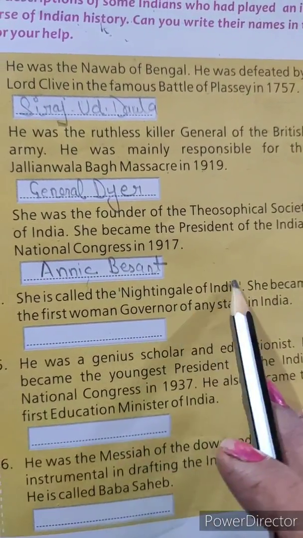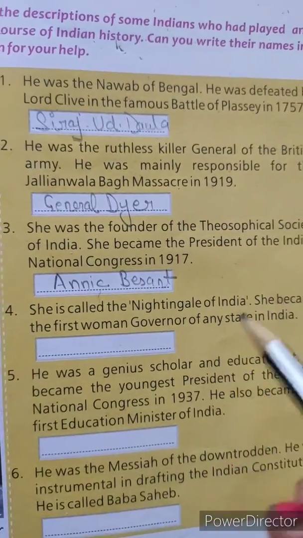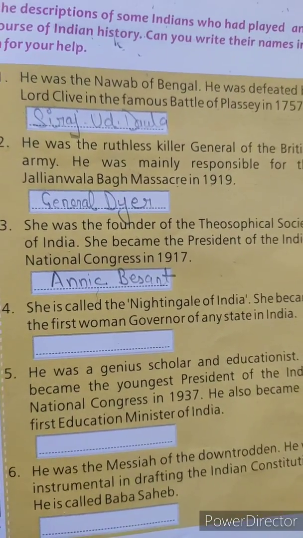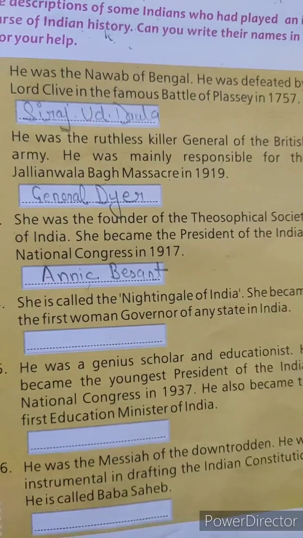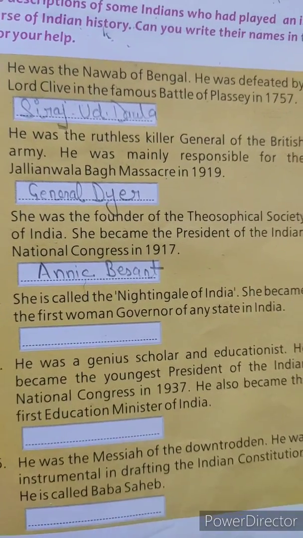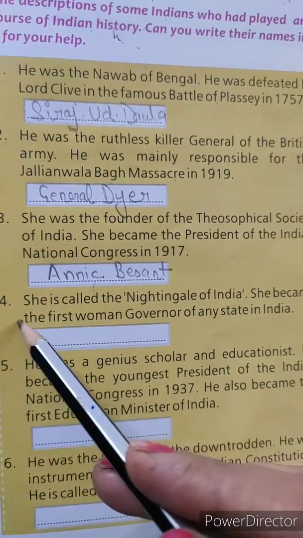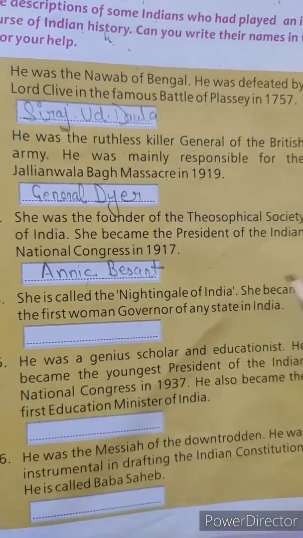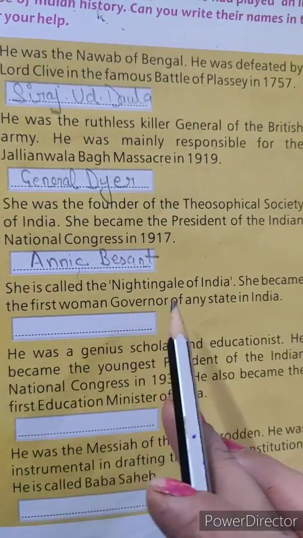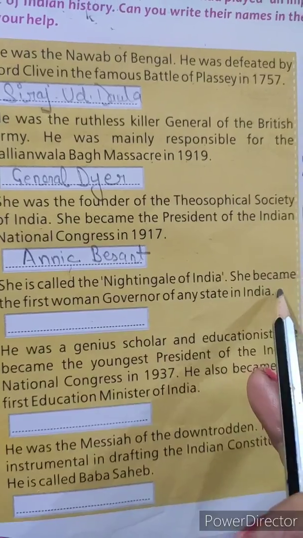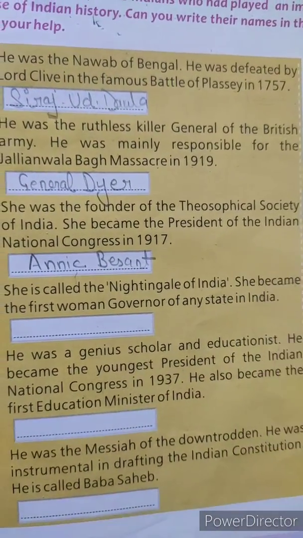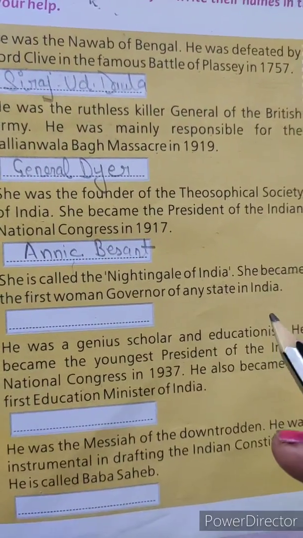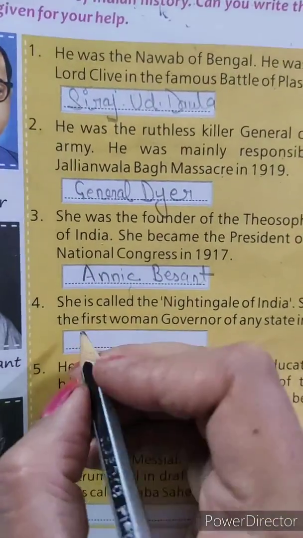Now, she is called the Nightingale of India. She is called Nightingale of India because of her poetry. She wrote poems which were very soft and nice to listen to. So that's why she was called Nightingale of India. She became the first woman governor of any state in India. Yes, she was the first lady governor of a state of India, and she is Sarojini Naidu.